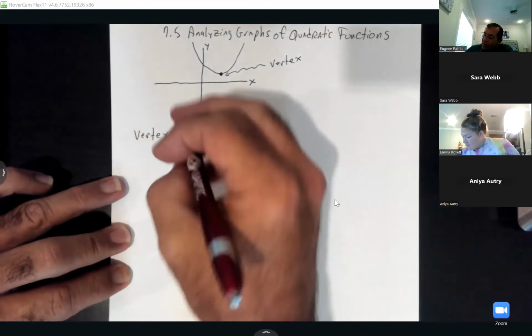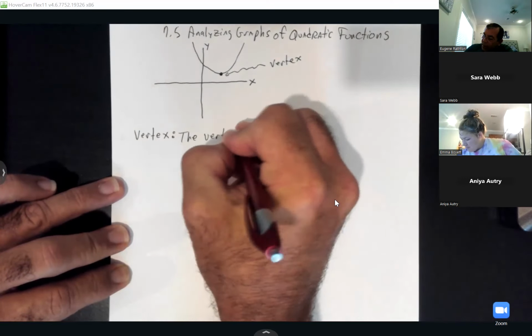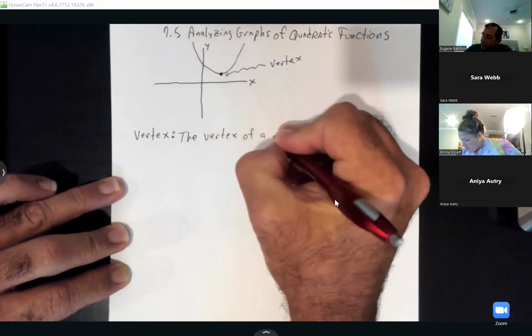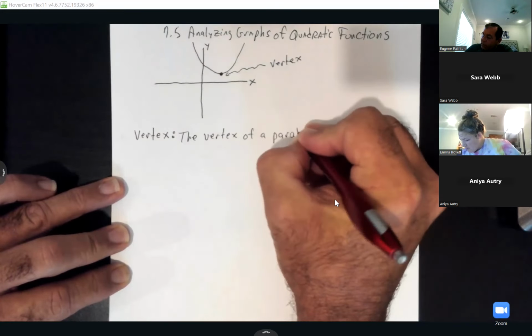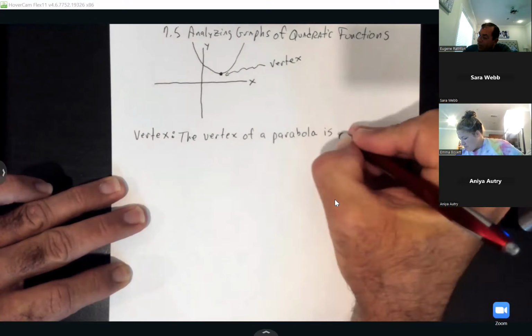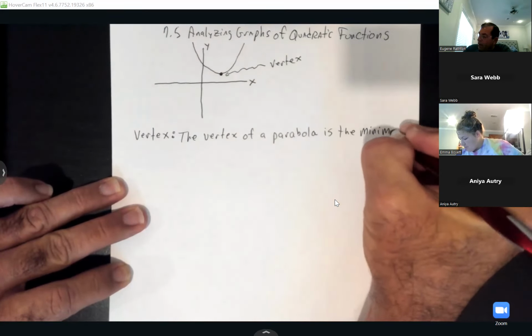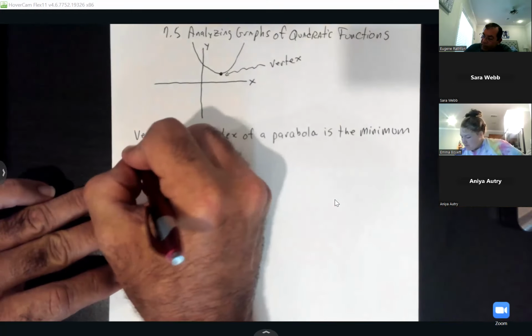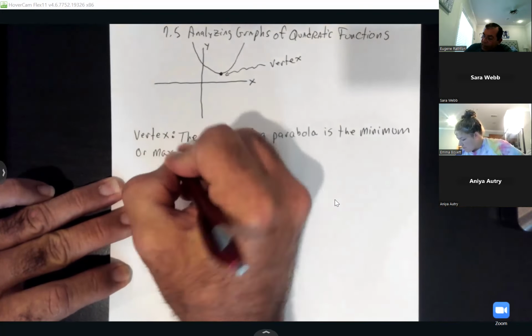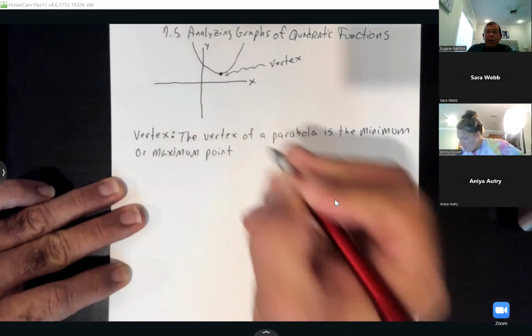So the vertex of a parabola is the minimum or maximum point of the parabola.